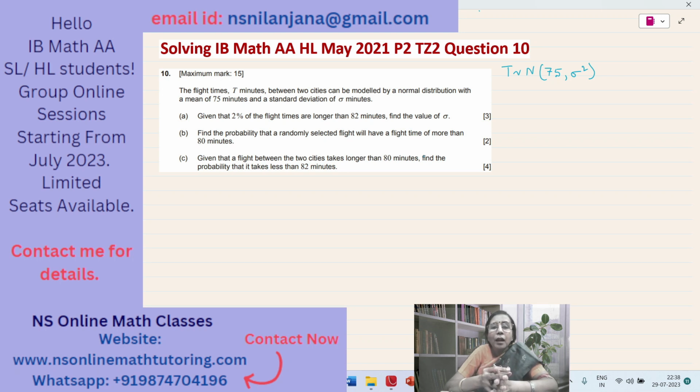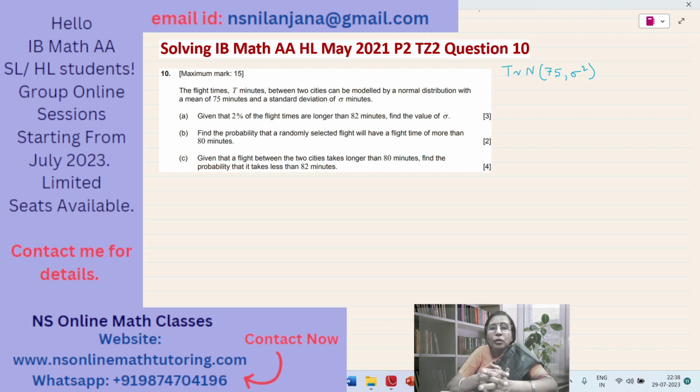For that, you have to know the mean and the standard deviation, but for this variable T we do not know the standard deviation. We know only the mean value.